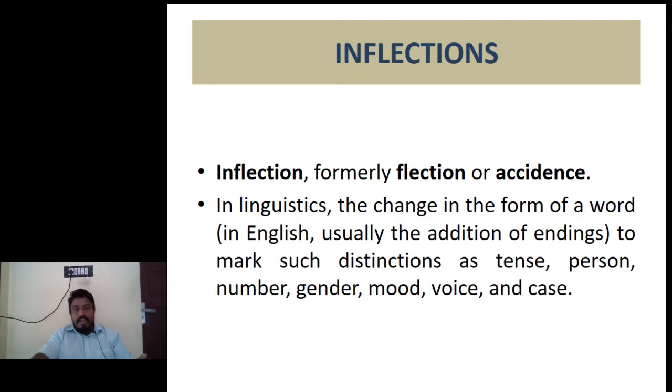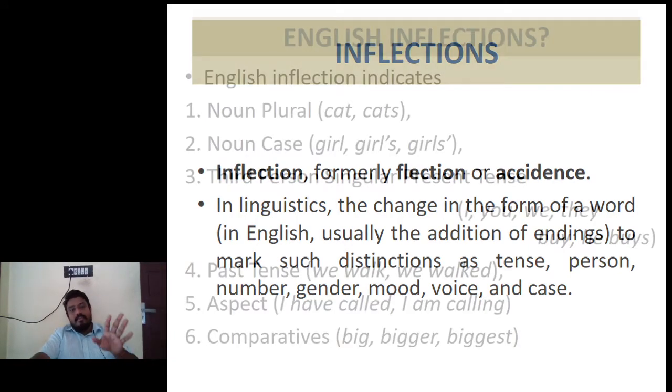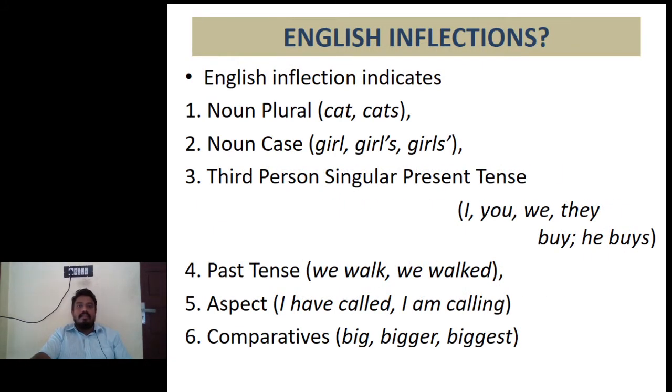So this is called inflection, and I think in English these examples will help you. So noun, for example, you have cat there as a root word, and when you add s, okay, it shows the increase in number or the plurality.